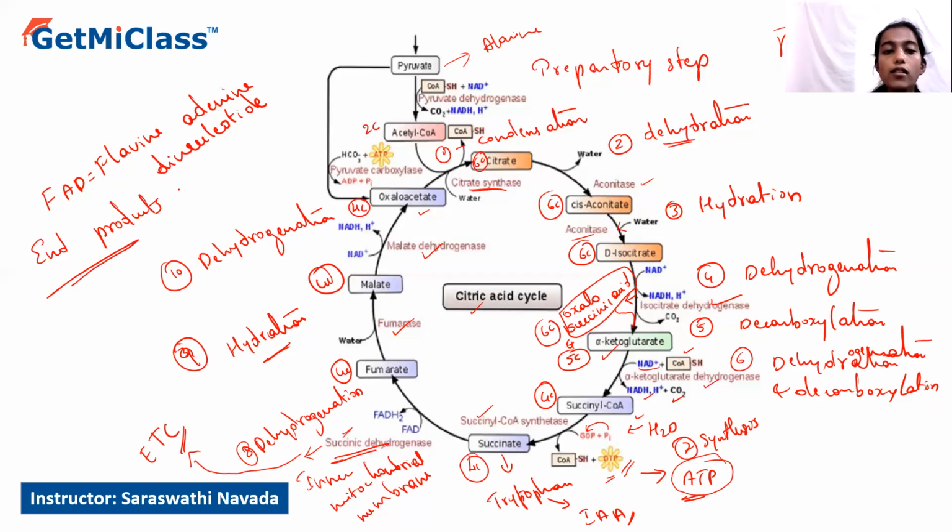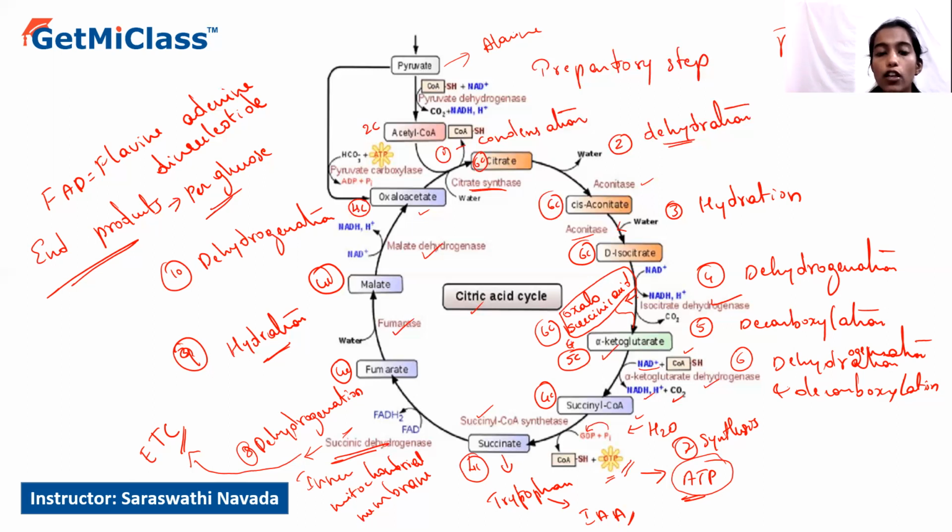So we consider the end products per glucose molecule. In an examination, the question can be asked with reference to per pyruvic acid or per glucose. You have to read the question properly and answer. So we'll consider the end products per glucose molecule here.